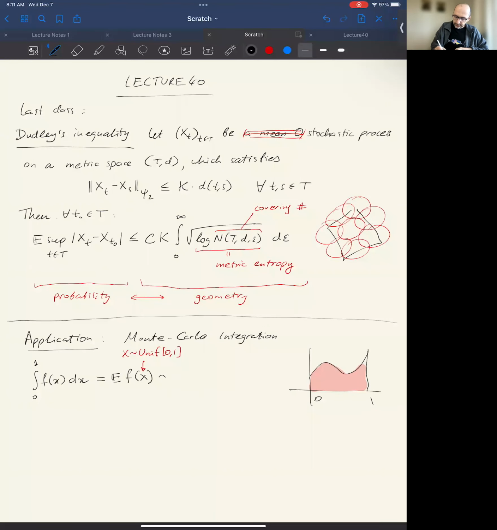Okay, and then we use the law of large numbers to compute this expectation approximately from a sample. So instead of computing the expectation, we just sample uniform random variables, make the sample xi right here, and average these values: 1 over n, sum of f of xi, where xi are independent, identically distributed uniform random variables.